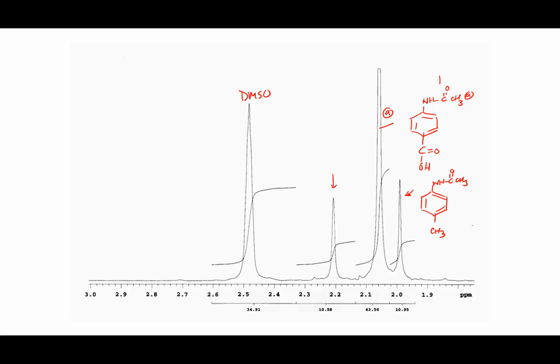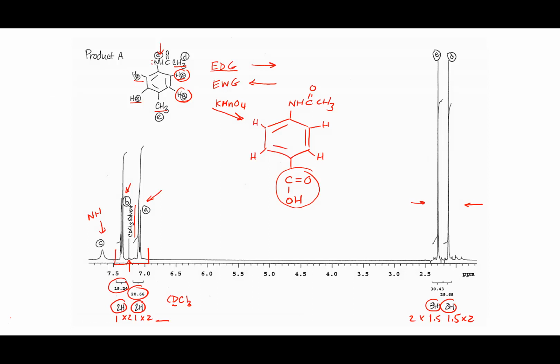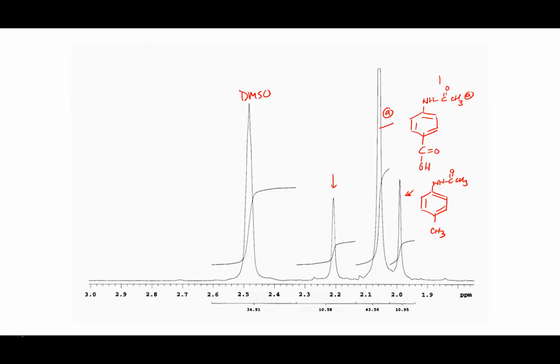Now, which is which? If we go back to our original spectrum of product A, we had two singlets of equal integration, which we should have because there are two methyl groups. They should give the same number of protons. If we now look at this, those two peaks are there.